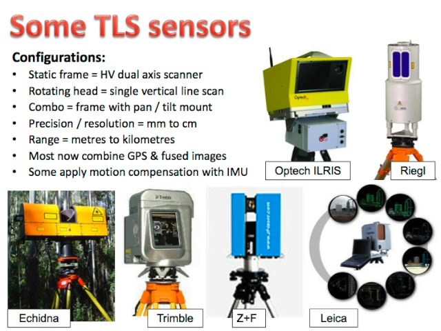There are pros and cons to those two types of systems, in terms of the data attributes and in terms of their logistical deployment. We'll get a little bit to that. And then there are combination systems. Some systems are essentially a frame-based scanner, so they have a dual-axis scanner that scans in the X and the Y, but then they're on a pan-tilt mechanism.